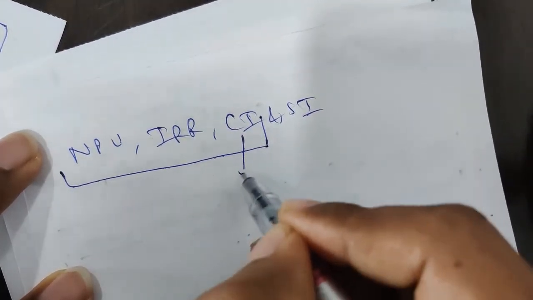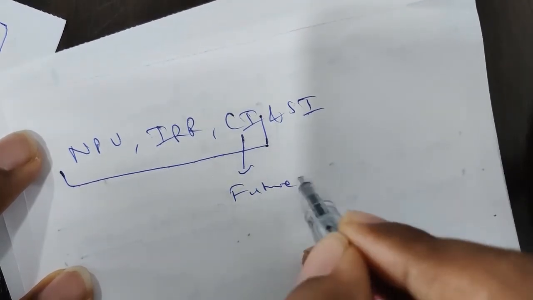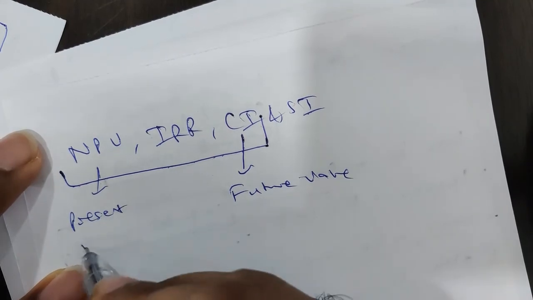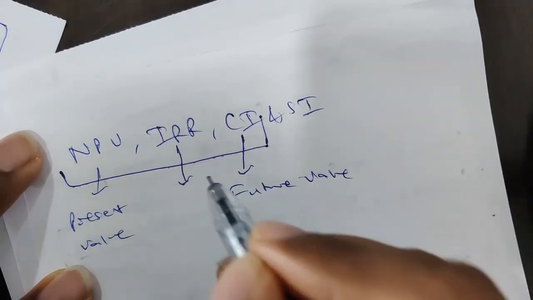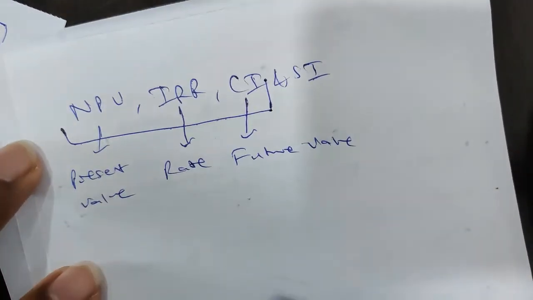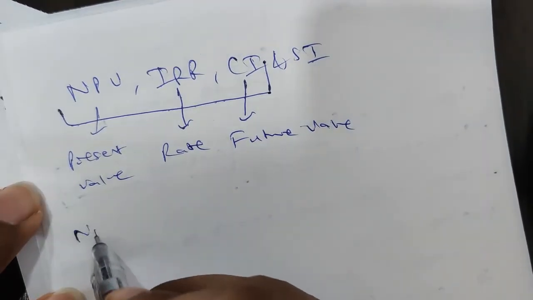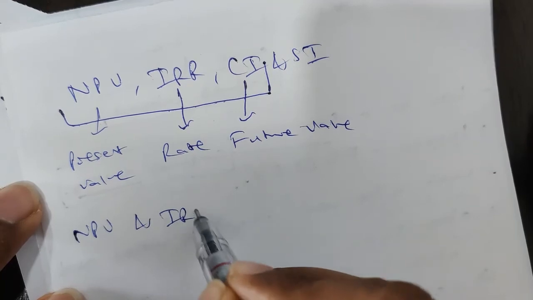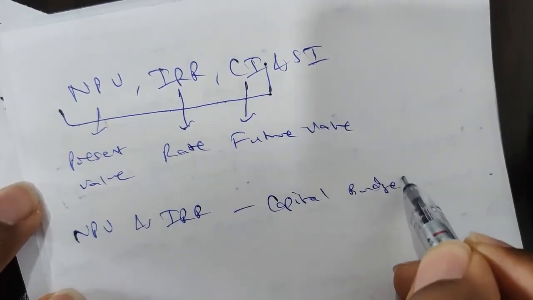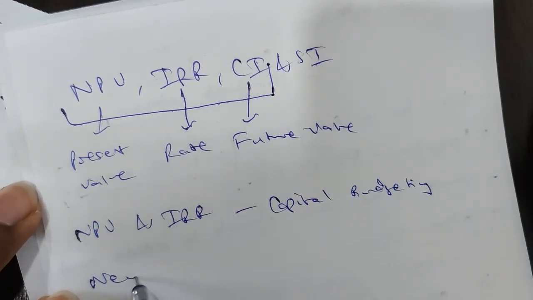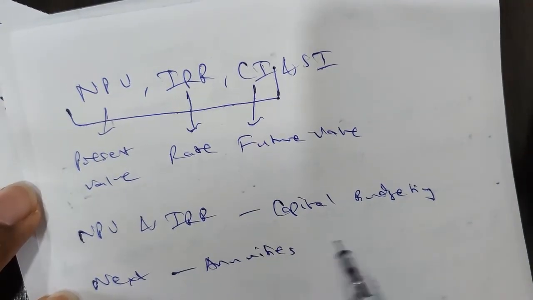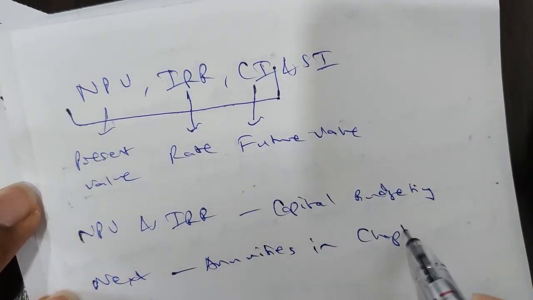Your CI gives you future value, NPV gives you present value, and IRR gives you the rate which you are actually earning on the project. So we will discuss NPV and IRR in future classes in the capital budgeting section. Next class we will start annuities and the other topics in chapter 1.